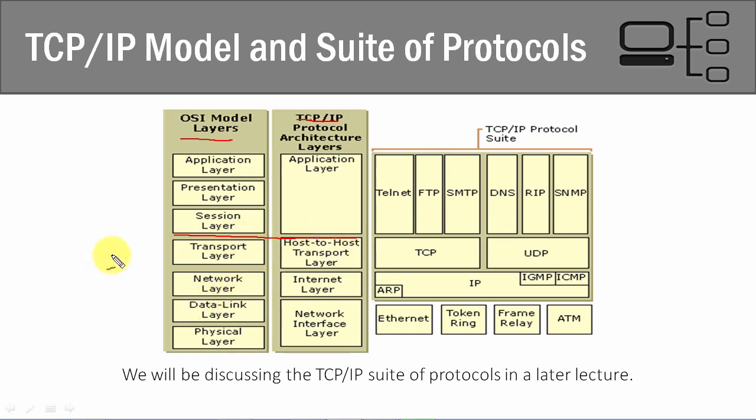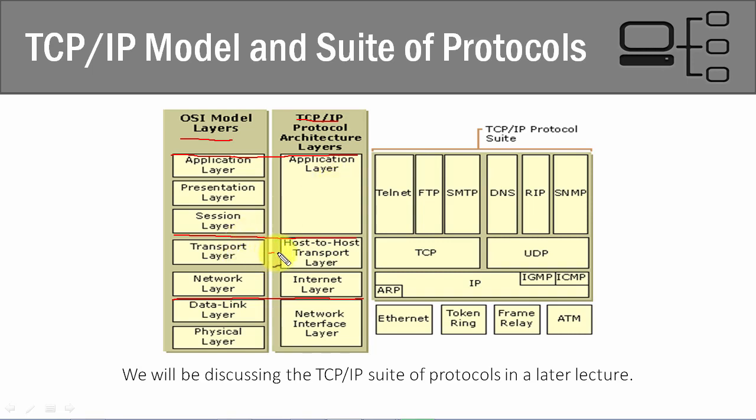Same thing goes for down here: we have the network interface layer, but we have the data link and the physical layer. Let me draw a line here as well. What they pretty much did is, instead of naming these three layers that work at the host layer, they decided to bundle them together and call it the application layer when they implemented it with TCP/IP.